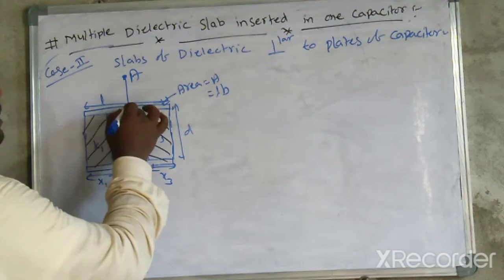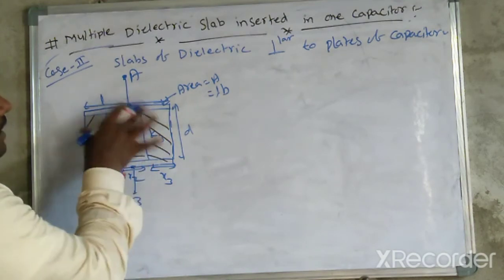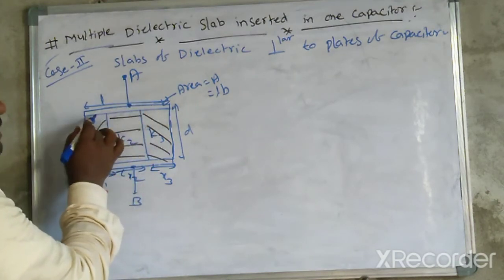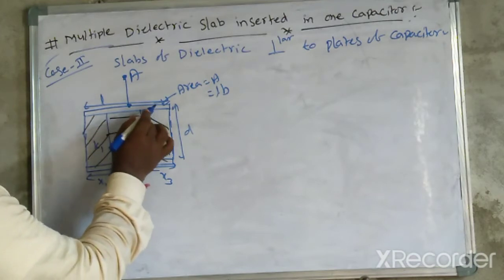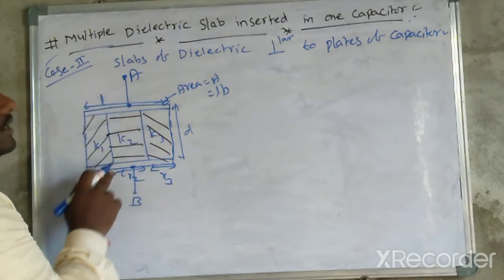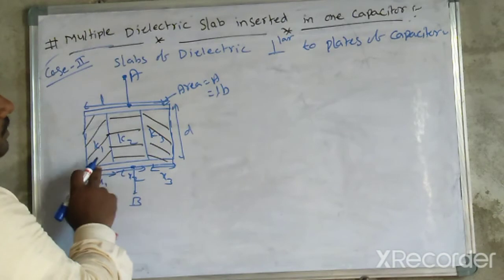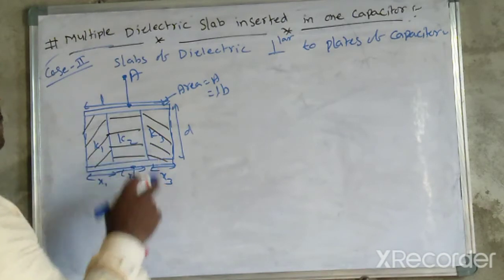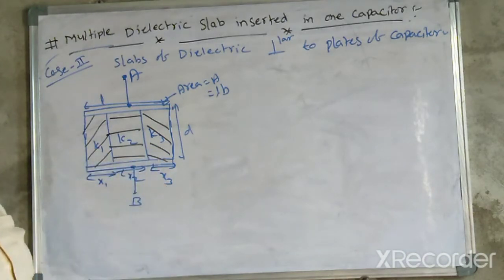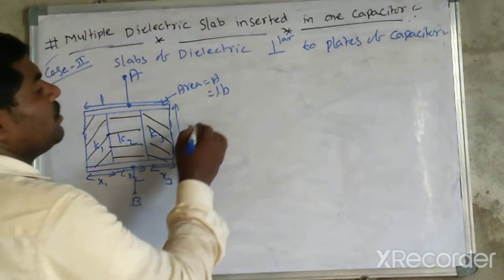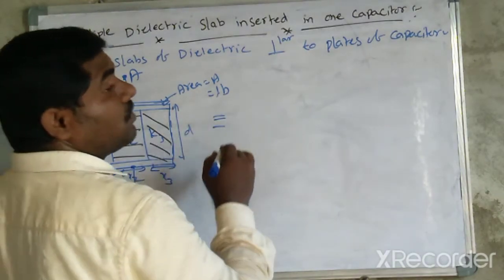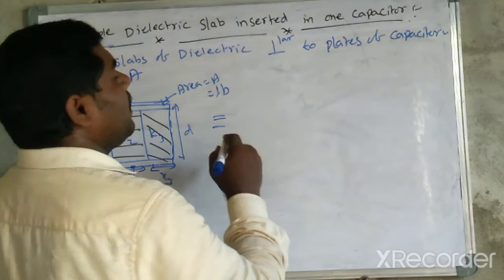Here the potential across K1 is the same, K2 is the same, K3 is the same, because they are connected like this. B is connected to A across K1, K2 and K3 alike. The potential is the same, so if you redraw the circuit, this combination looks like a parallel connection.